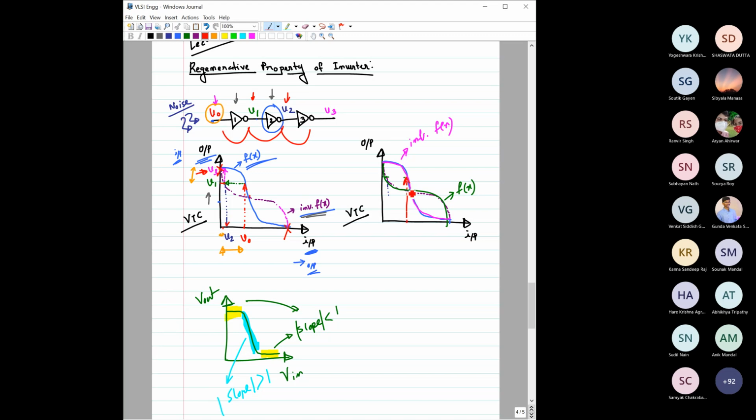Say this is introduced, then this is V naught. It will not be reflecting from there, it would be reflecting from here. Then the corresponding output you will get from here, so now this will be V1. Now V1 will be reflected from which place?